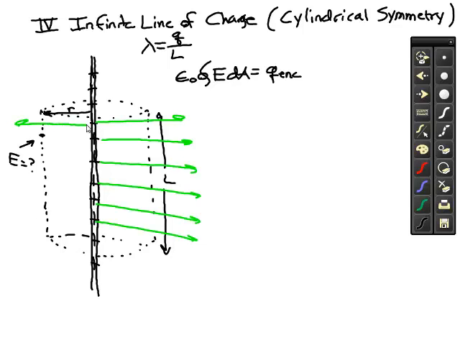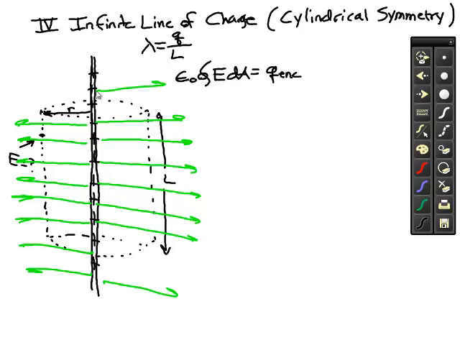Field lines cannot cross each other, and there's field lines coming off of every one of these positive charges. So my question to you is, how many field lines are crossing the top of this cylinder? None.